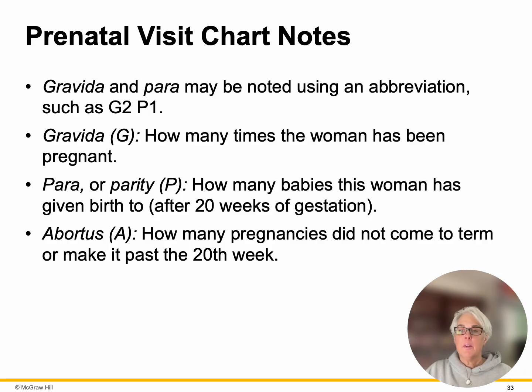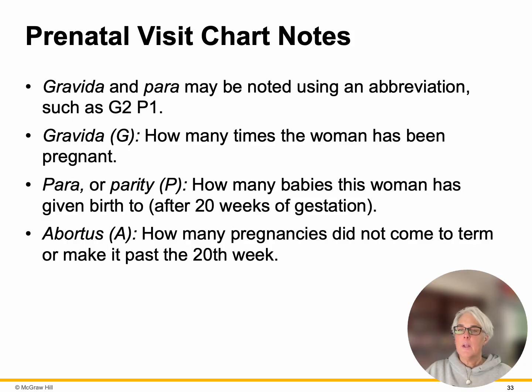On this slide, I'm decoding the shorthand you'll see in prenatal records. So this is really important. G stands for gravida, or total number of pregnancies. P stands for para, or number of births at or after 20 weeks. A stands for abortus, or number of pregnancies that ended before 20 weeks.